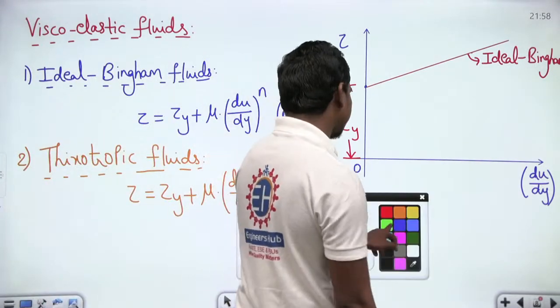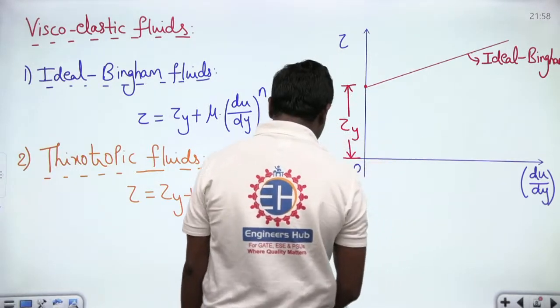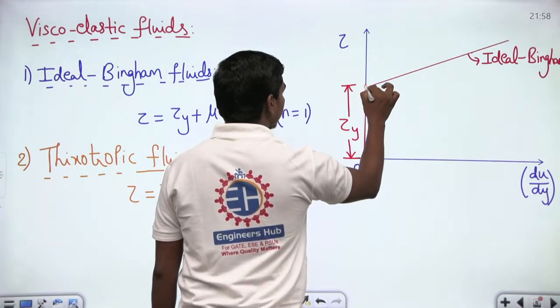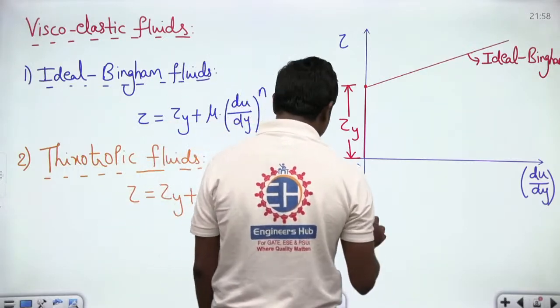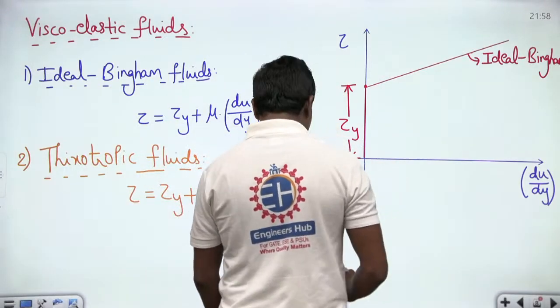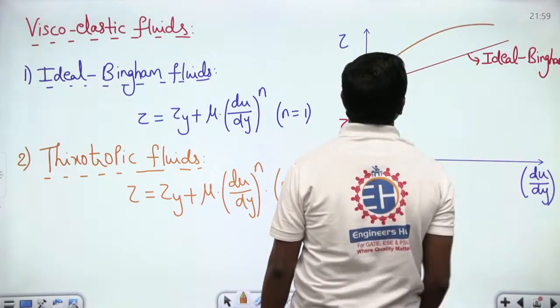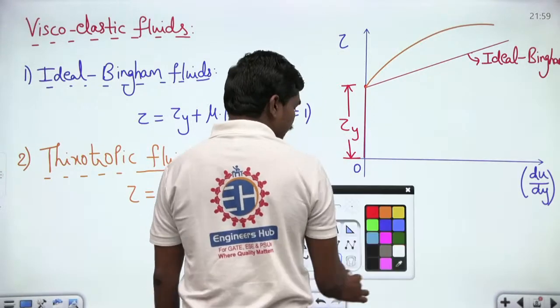Now if you see carefully, these fluids take some yield stress initially. The fluid doesn't show any deformation till some point, and then it starts deforming, correct? Similarly here, if you try to plot these thixotropic fluids, the curve looks something like this, because this n value is less than 1, which means your apparent viscosity should keep on decreasing, correct?